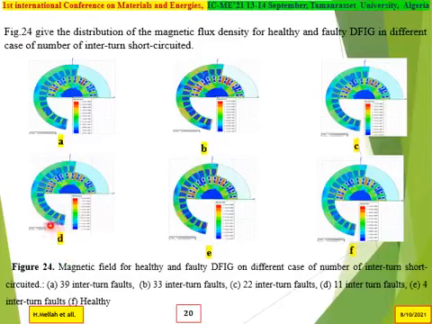The D result has only 12 interturn faults, etc. We can see this result.